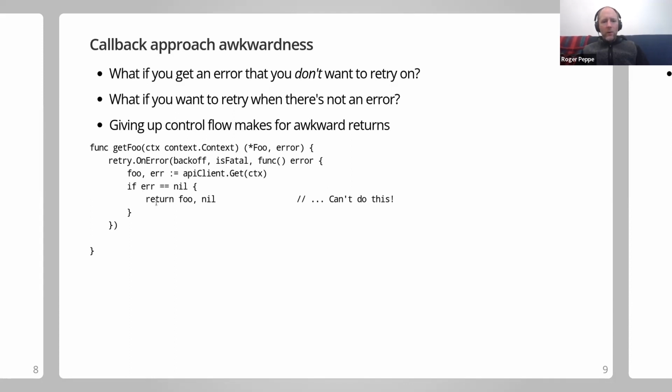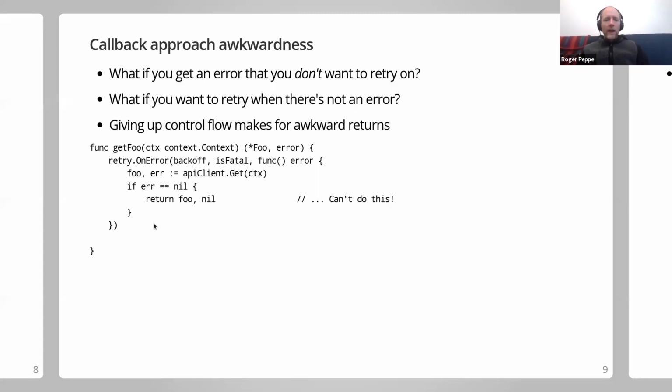Damn it, we can't return from inside that function, because we want to return from the outer function. So then you end up having to declare variables and assign to them. It's a little bit error prone. It feels awkward. It just doesn't feel great. It doesn't flow. I'm not keen on it.